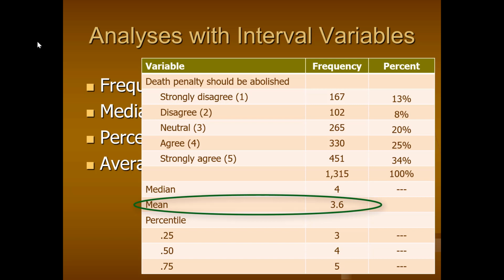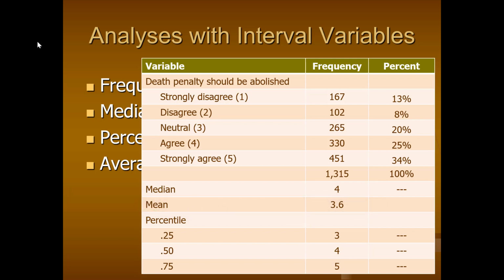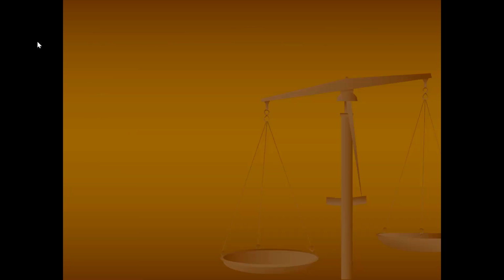Well, that's a little bit more interesting information than the median, because the median would suggest that half the people agree and strongly agree, and then half are in the neutral, disagree and strongly disagree category. So that gives us some information. But the average suggests that maybe people are leaning a little more towards neutral. So it's just more information, and the more information we have, the better.